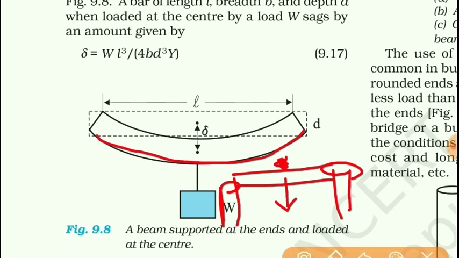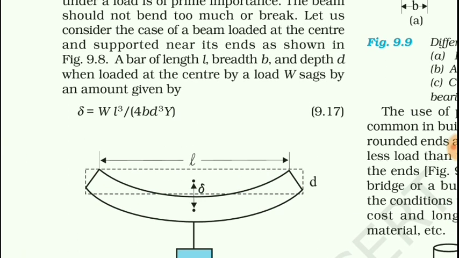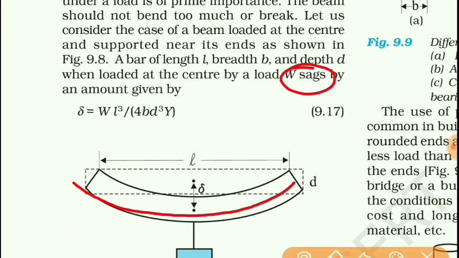You can see here the bending is shown. This bending is denoted by this delta sign, and this is known as sagging. If the bending takes place, then that is known as sagging.